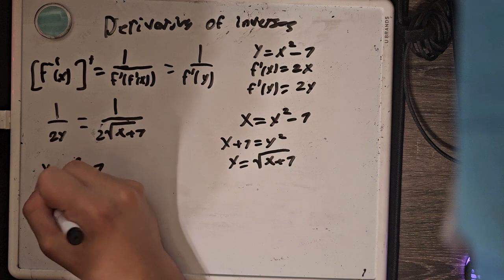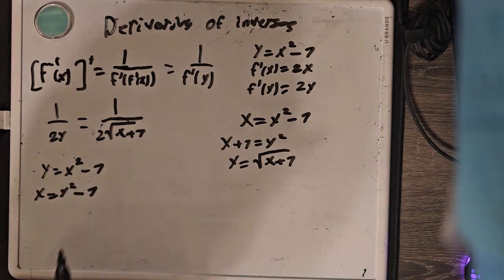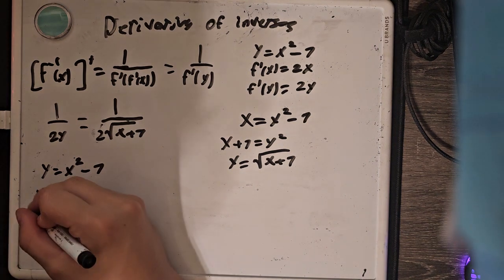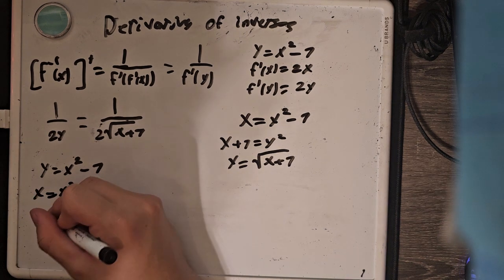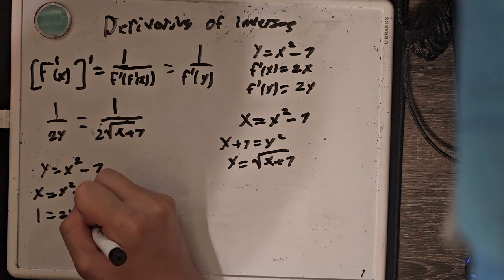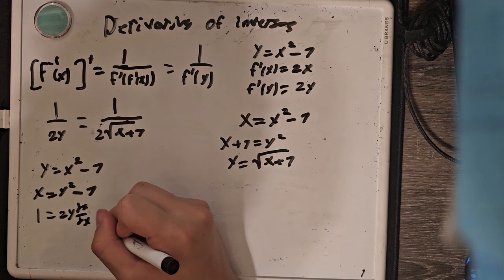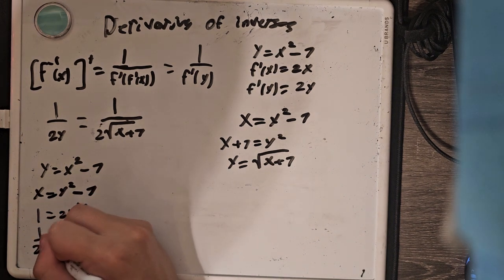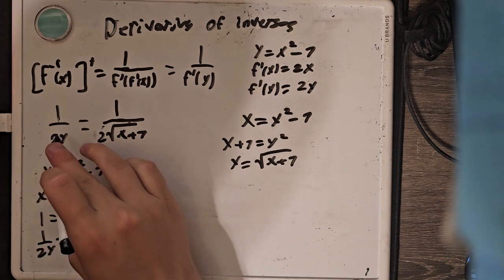So x equals y squared minus 7, and solve for the derivative using implicit differentiation like I did previously. So x just goes to 1, y squared goes to 2y dy/dx, and the 7 goes to 0. Now, we divide by 2y to get 1 over 2y equals dy/dx, just like here.